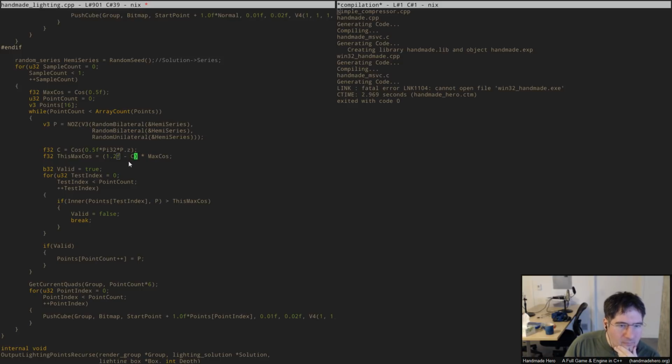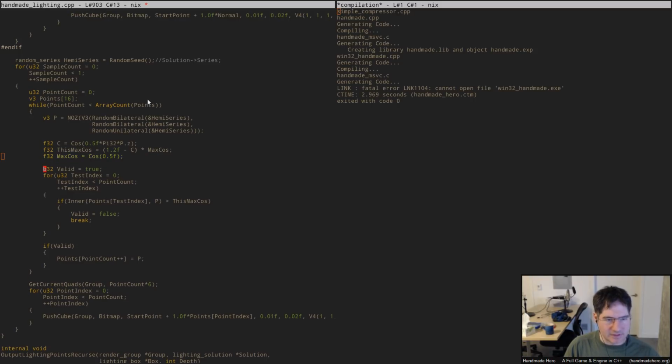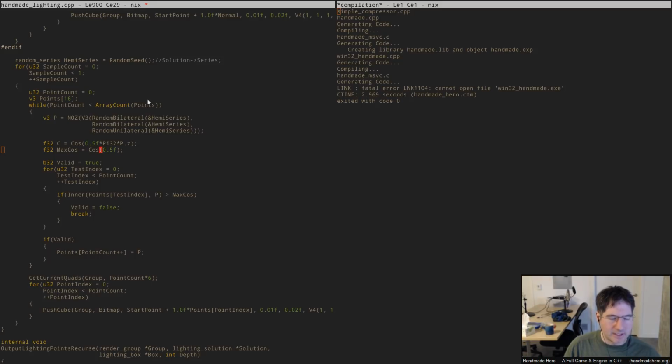Well, okay, so this would do a cosine squared fall off. So I guess technically what we really want to do is this. So we actually want the cosine value probably to be put in here, so that the maximum cosine is the z value.